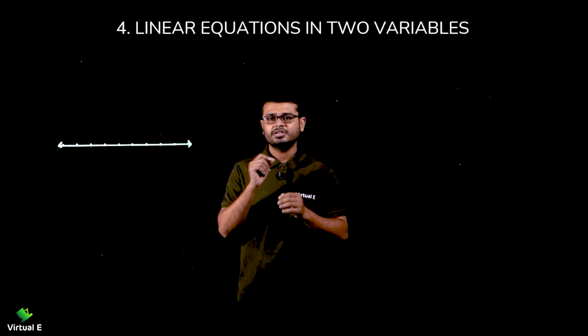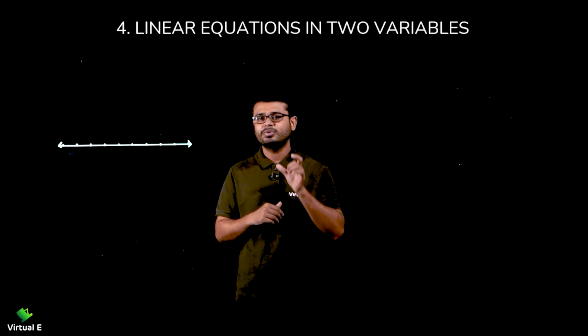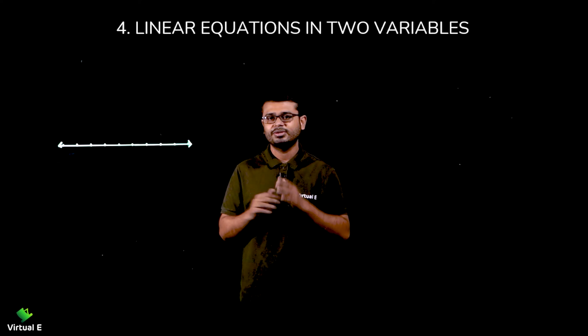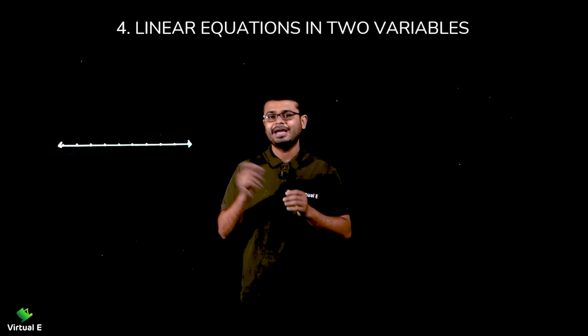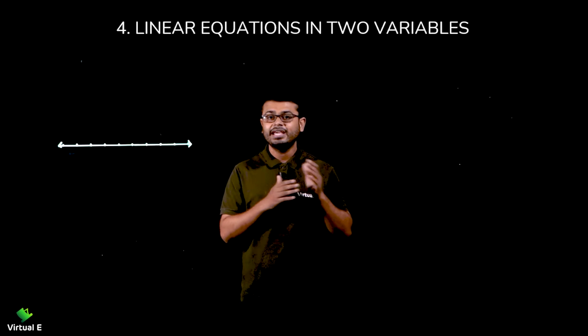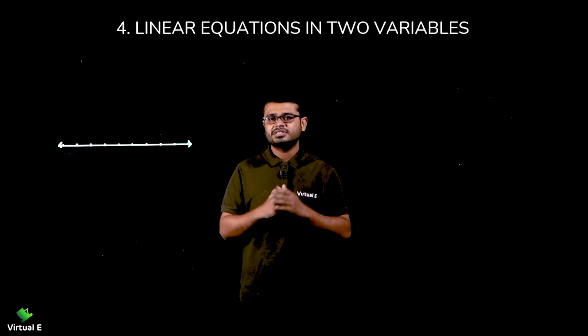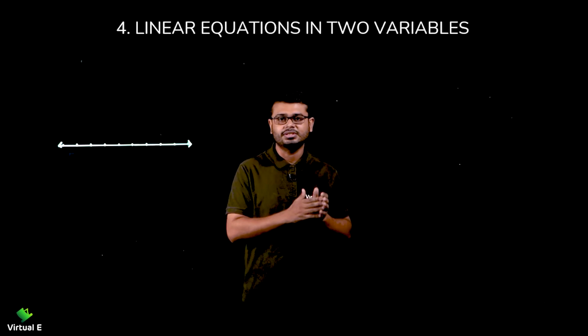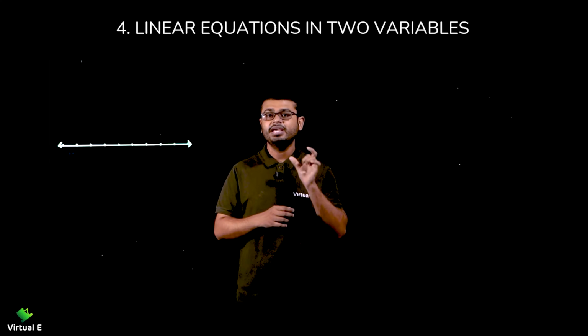Okay, so first of all, let's understand the meaning of the word equation. There are two words that you may get confused: algebraic expression and equation. Now, what is the difference between expression and equation? See, the word itself suggests equation, equate. So there will be an equal to sign.